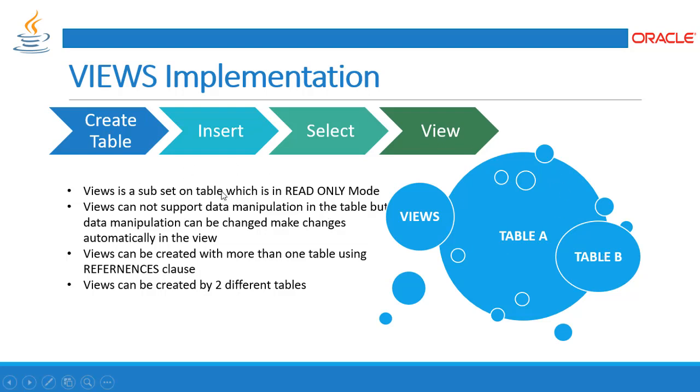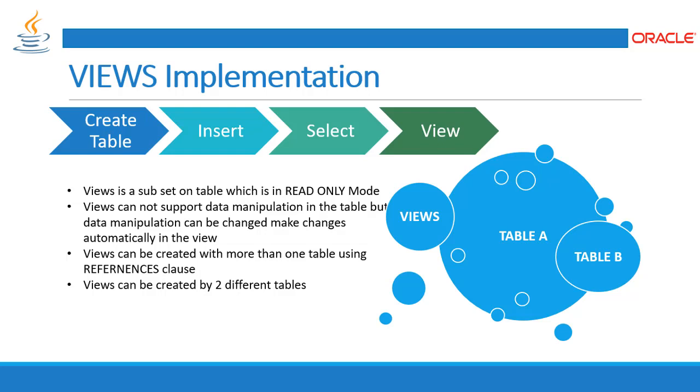A view is a subset of a table which is in read-only mode. That means it cannot be edited unless it is implemented in a different way using reference clauses. In the updatable view, that is a different thing. But in general, views cannot be edited.